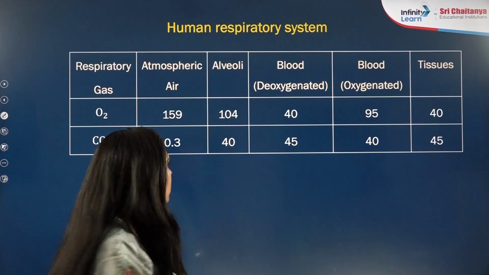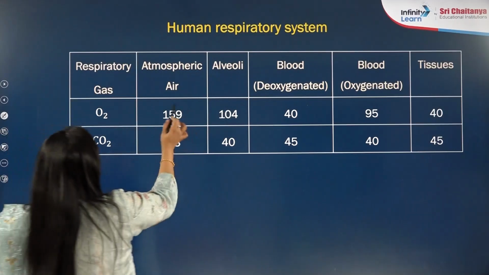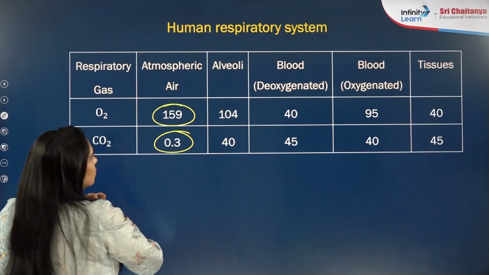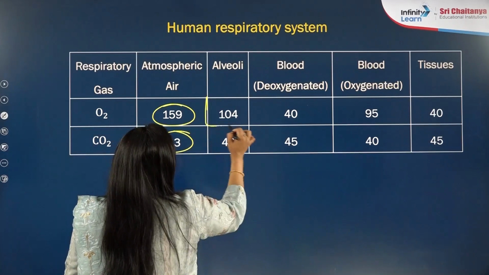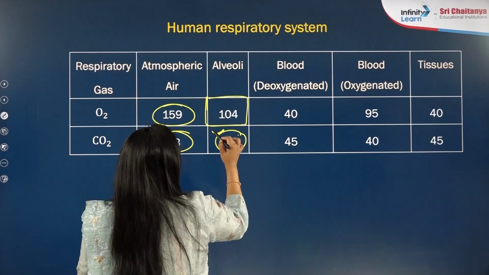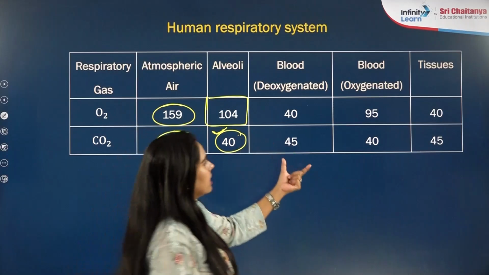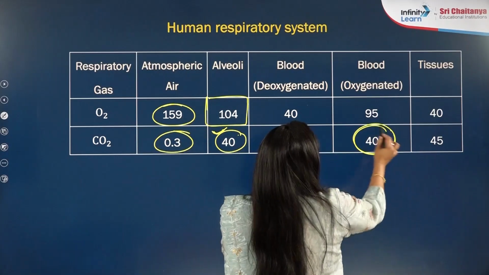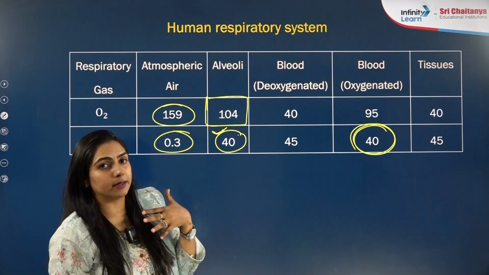So that is, I think, very easy to understand, right? You have to remember this. You have to remember 159 and 0.3. Whatever in the alveoli, 104. In the alveoli, CO2 has the lowest value. In the alveoli and in the oxygenated blood in our body, 40 is the lowest value in our body, right?